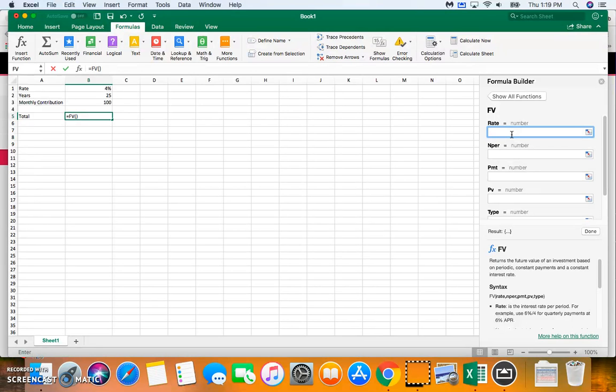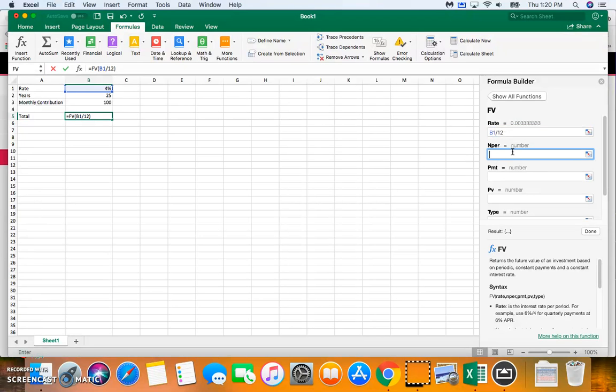So our APR is 4%, so it's this cell B1. But we need to divide it by 12 because we're making 12 payments every year. You need to make sure that it's broken down by months if you're depositing monthly, fourths if you're depositing quarterly, or if it's once per year, then you would just leave it as that cell B1.